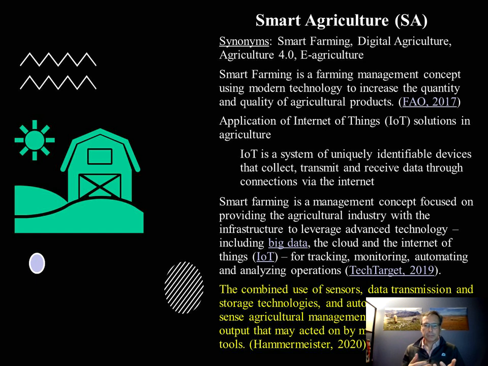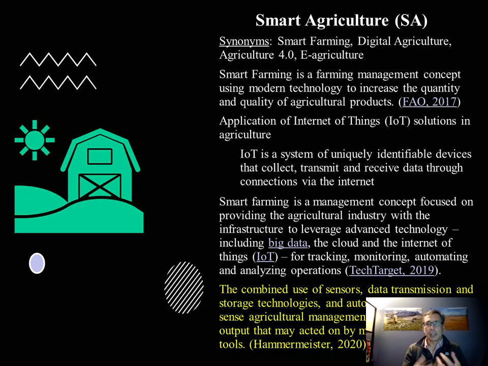Smart farming is defined through this Tech Target magazine as a management concept focused on providing the ag industry with infrastructure to leverage advanced technology, including big data, the cloud, and the Internet of Things for tracking, monitoring, automating, and analyzing operations. So I think that that's getting a little bit closer to what smart farming is.